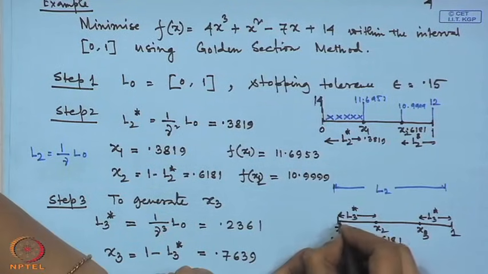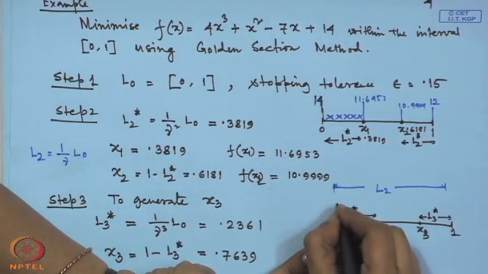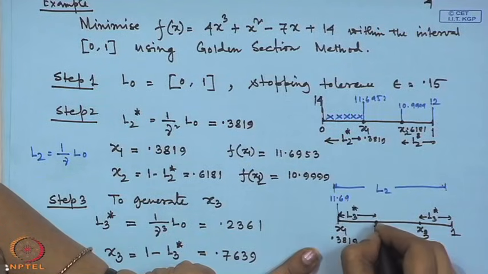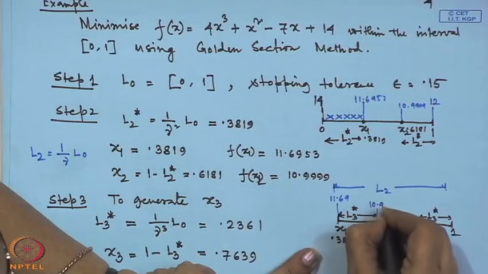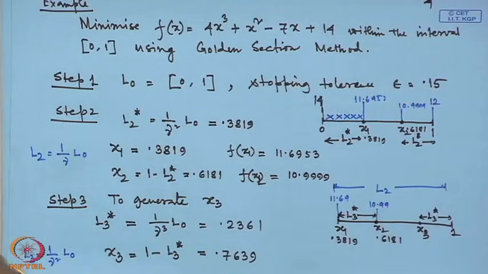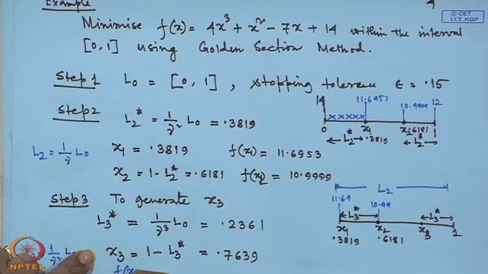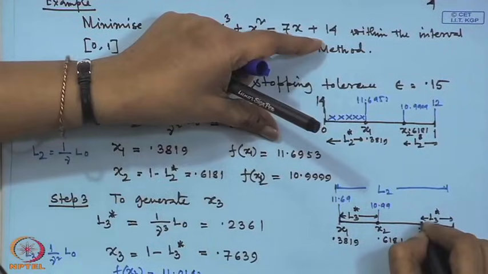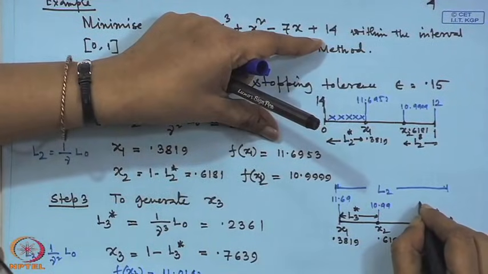At point x1 the functional value is 11.6953, at point x2 it is 10.99, and if we just go for fx3, this value is coming as 11.0193.